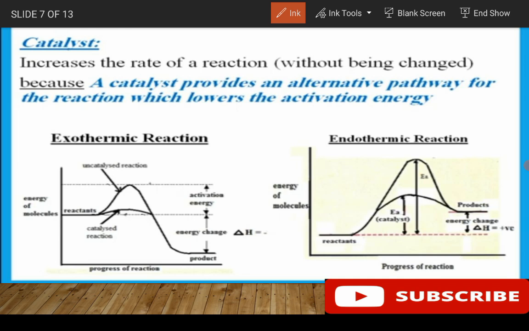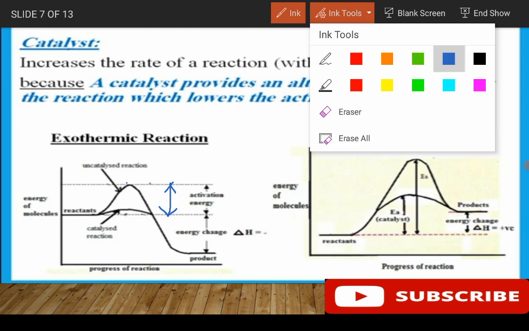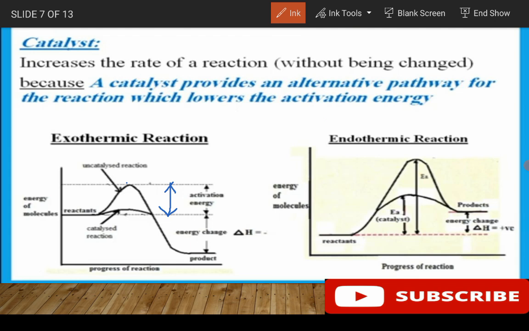So this part here, this height, represents the energy which is required for the chemical reaction to take place. We call it activation energy. And you can see it is quite high. It means that for this chemical reaction to occur, we need this amount of energy, very high.